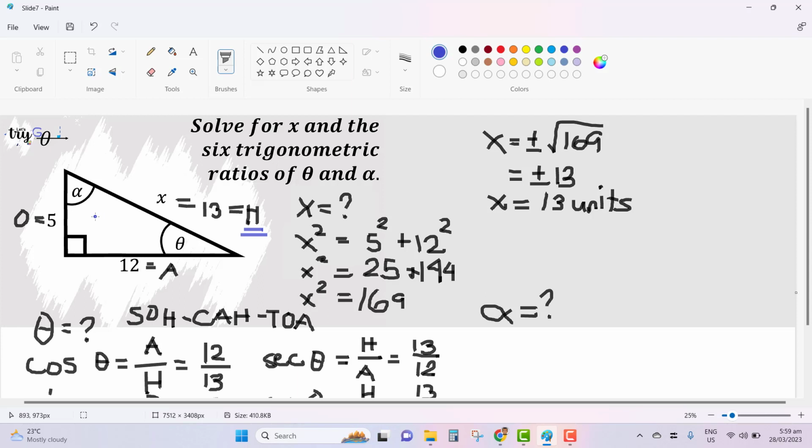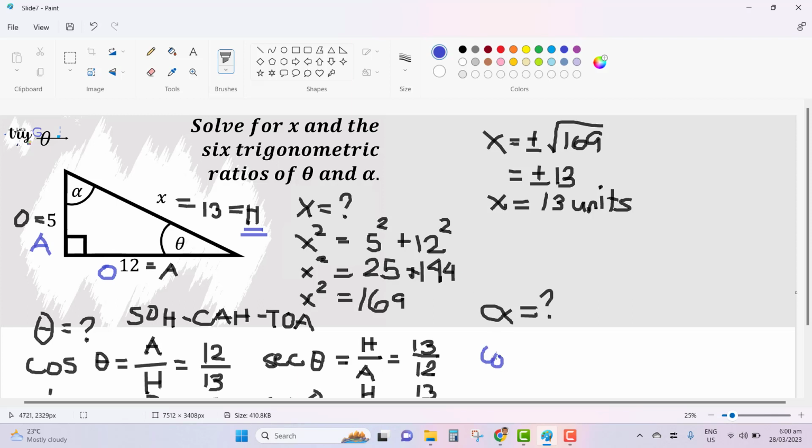But we're going to interchange the opposite and adjacent sides. Here, 5 is the side opposite angle theta, but right now, it's no longer the opposite side for angle alpha, but it is now the adjacent. And 12, which was the adjacent side of angle theta, becomes your opposite.